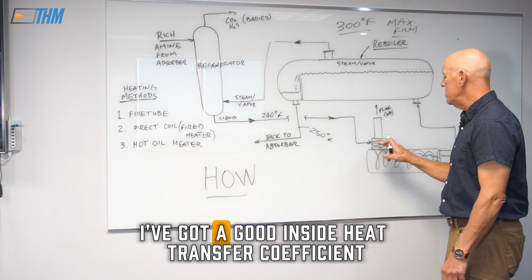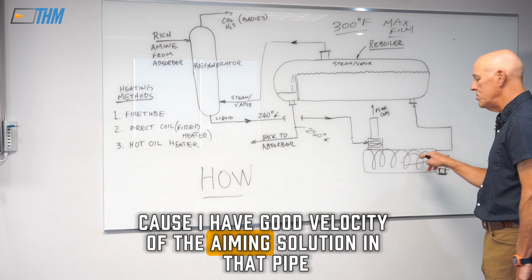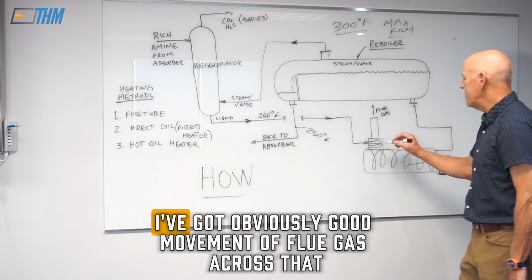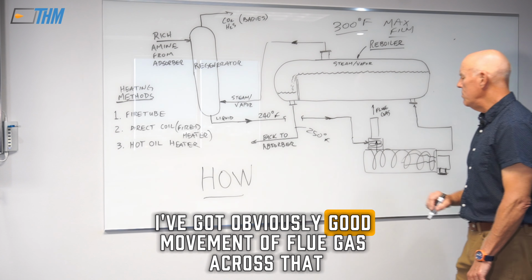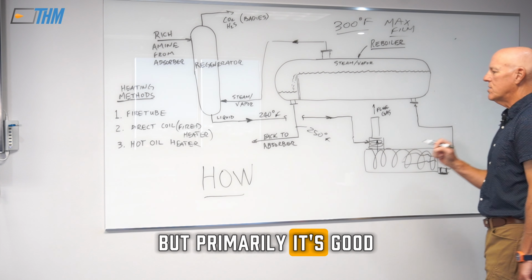I've got a good inside heat transfer coefficient because I have good velocity of the amine solution in that pipe. I've got obviously good movement of flue gas across that, but primarily it's good because my inside heat transfer coefficient for the amine solution is going to be really high because it's moving liquid, and I can take high pressure drop, high velocities, and I can heat it more gently than I would with a fire tube.